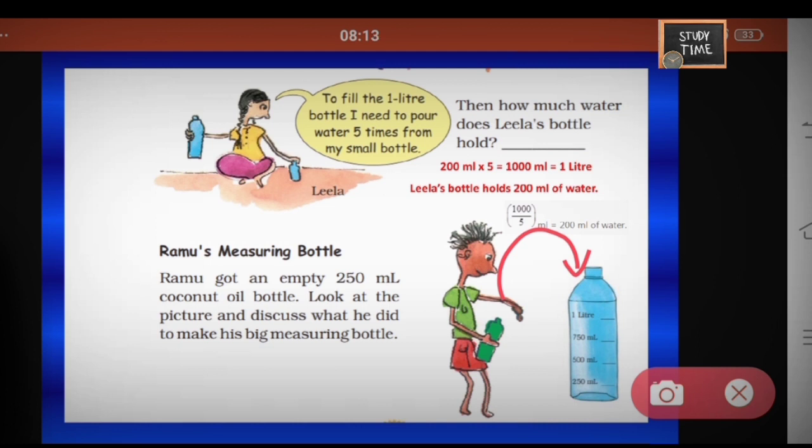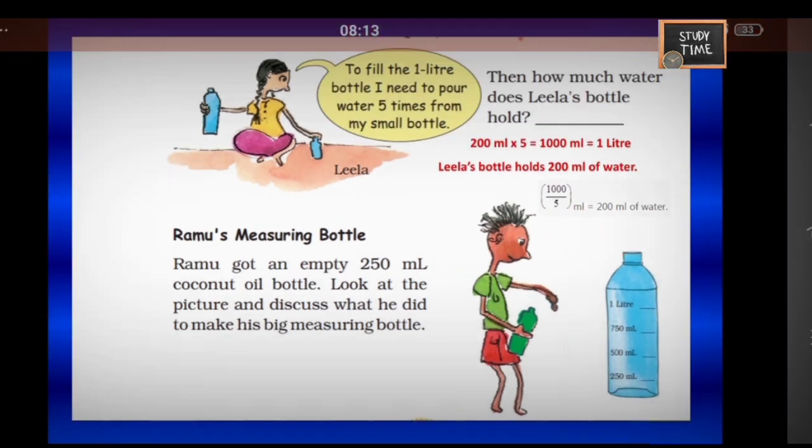So he marked 250 ml here. Again he poured 250 ml, then he marked 500 ml. Again he poured 250 ml and he marked here 750 ml. Again he poured 250 ml and he marked 1000 milliliter, that is 1 liter.